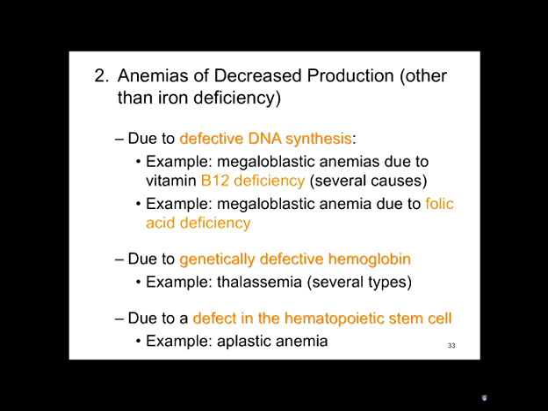And when they're deficient, patients will develop megaloblastic anemia. So the umbrella term is megaloblastic anemia. And it encompasses all of these, no matter what the B12 deficiency is due to, what the folic acid deficiency is due to, and it's more often B12 than folic acid that the problem is.